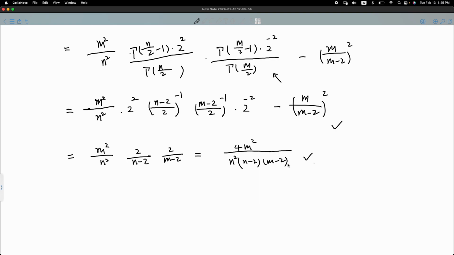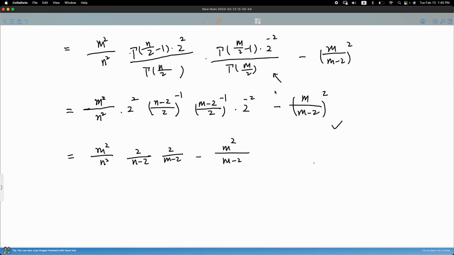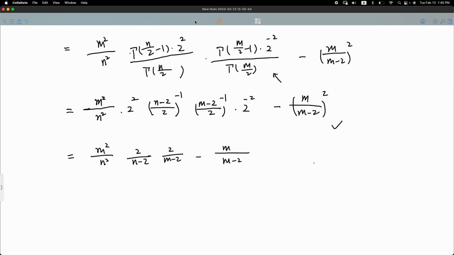Okay, I think that's not yet. I forgot to minus this thing here. Minus m square m minus 2. But I don't think there's an easy way to simplify this.